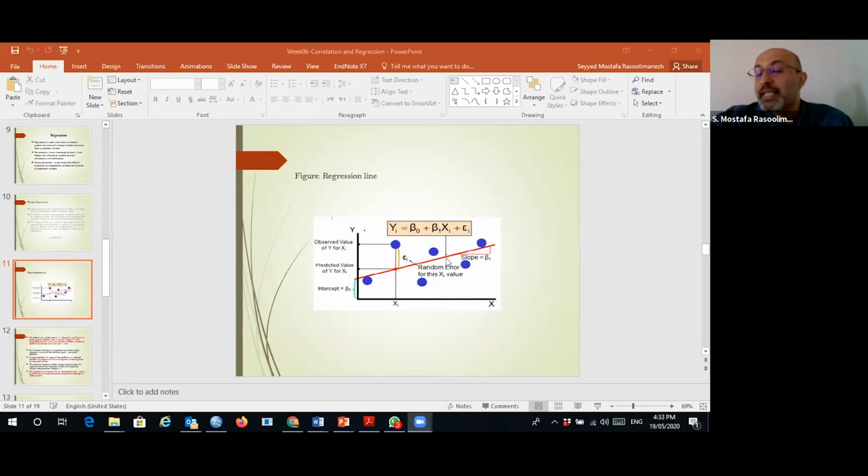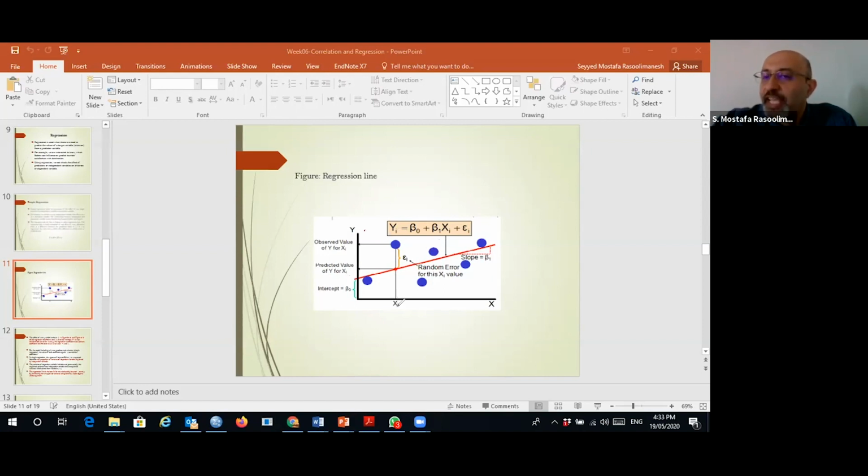Best line means a line with the minimum difference from the real value of y. What does it mean again? Okay. For example, for this data point, here we have x i.